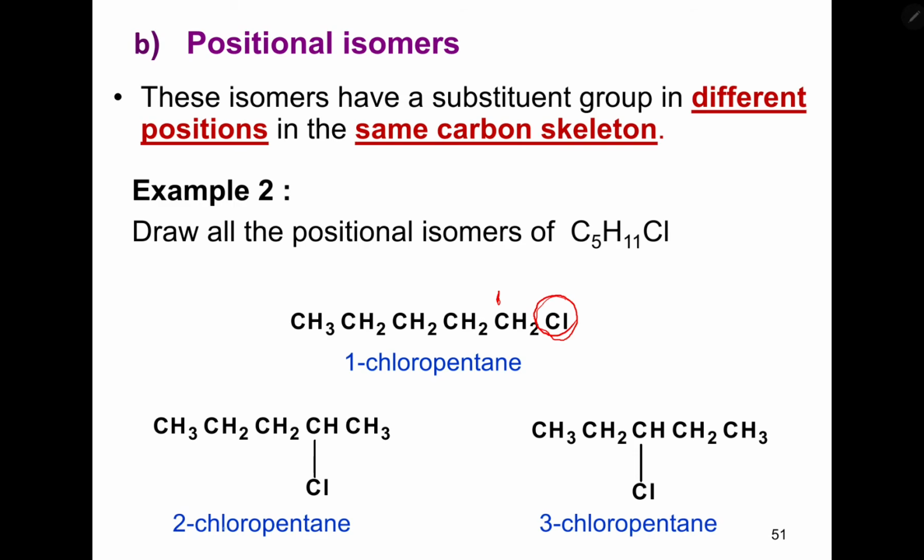While in 2-chloropentane, the chlorine atom is attached to the parent chain at carbon number 2. And for 3-chloropentane, the chlorine atom is attached to the parent chain at carbon number 3.